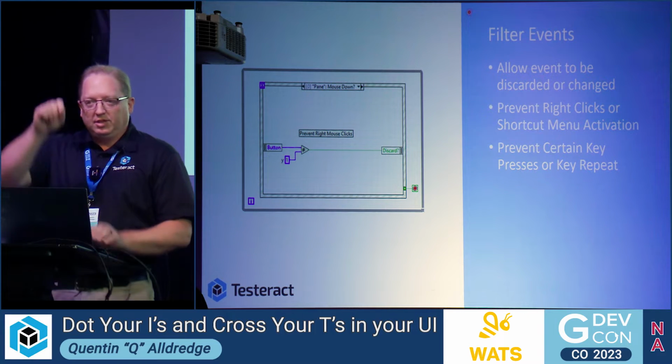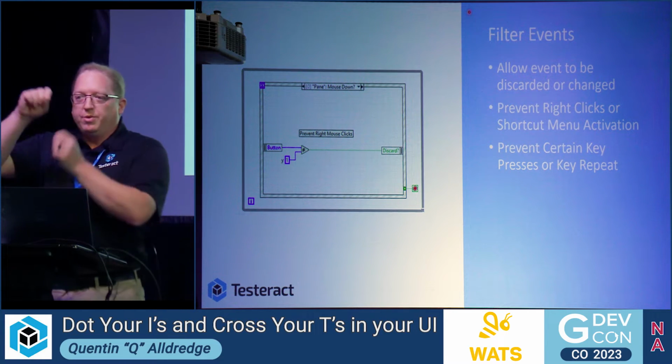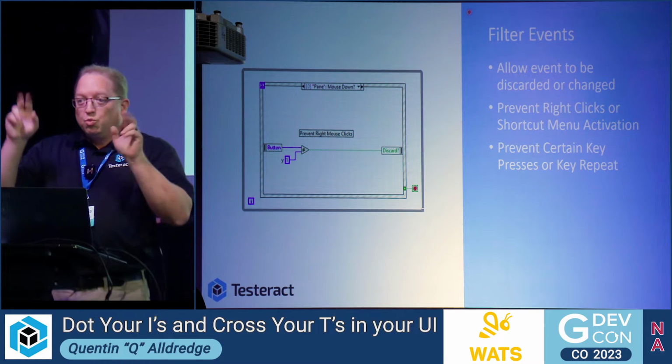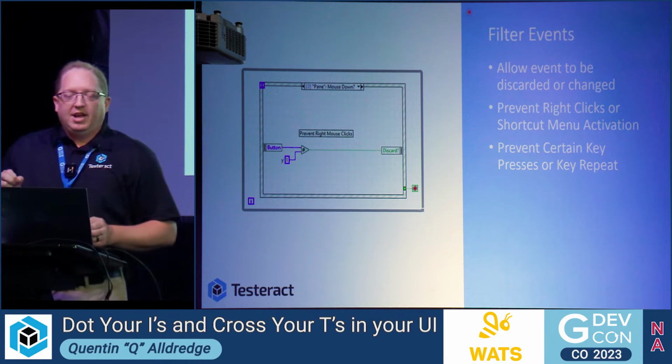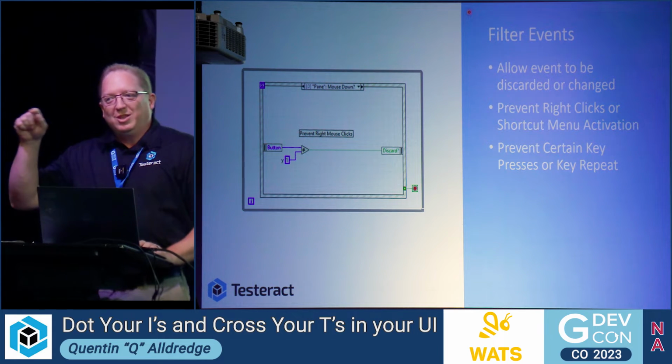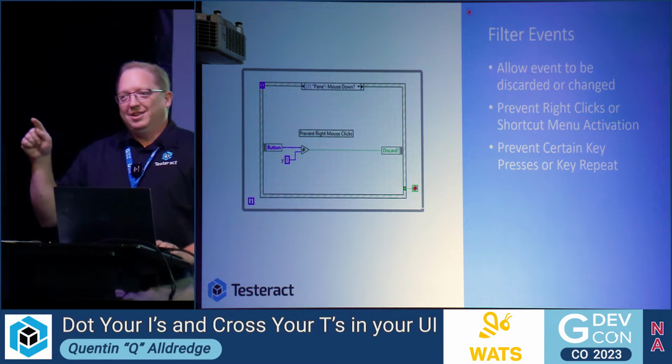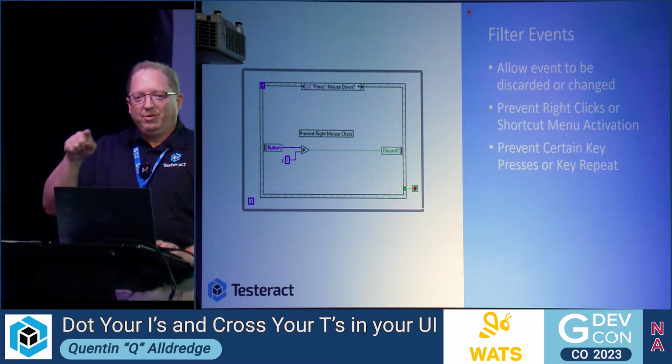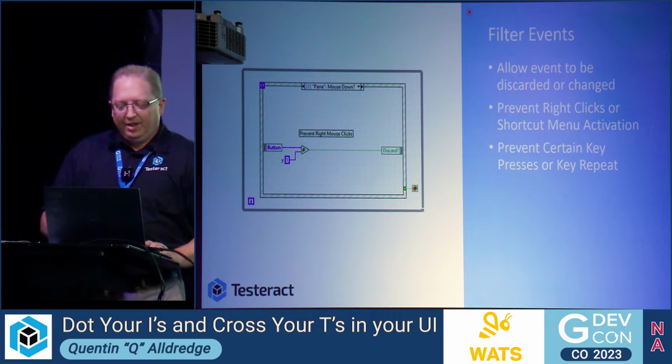Actually, we did this a little differently in that particular application, because with the discard option you can open that up and change what button was clicked. So if a 2 came out, we could say, no, we want to pretend they just did a left click. Even on a touch screen, you could change what button they clicked.